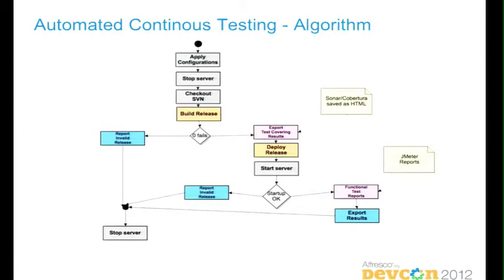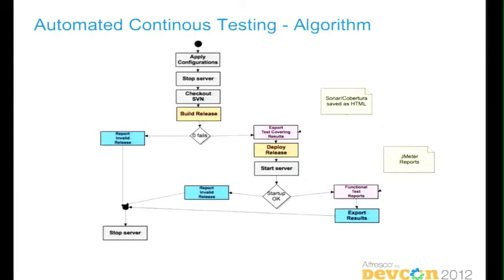And we start the server. If the server started okay, the application context was okay and all this stuff, we go to the good part. If not, we report that the release was invalid.